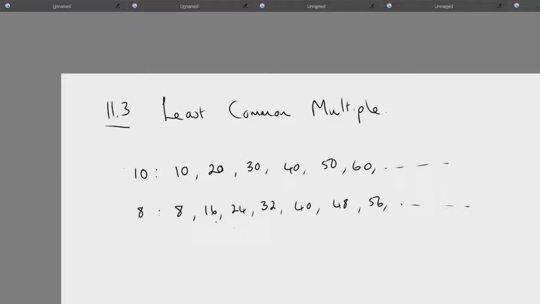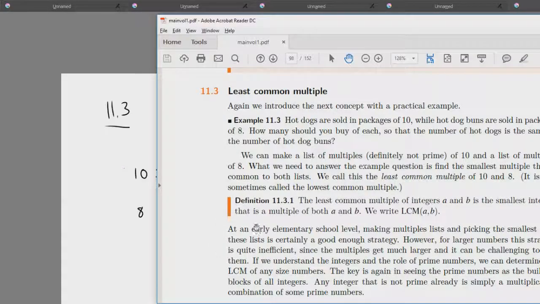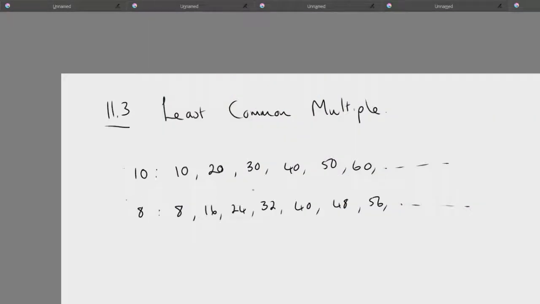Never stops. Now what's the question? The question is, how many should you buy of each so that the number matches? Same number, common to both lists. It is right there, 40. So I'm looking for the lowest number. There are other numbers, right?